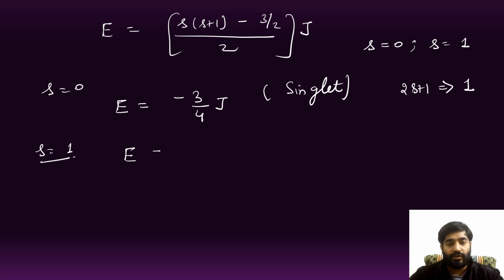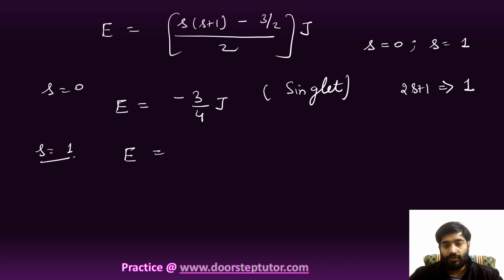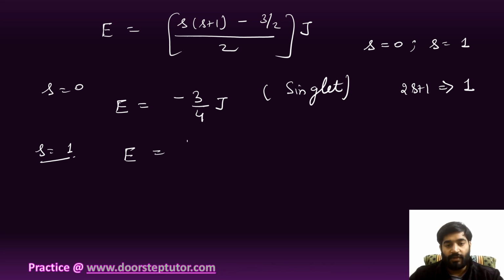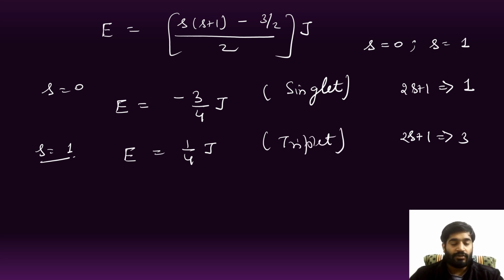For S equals 1, your E will be 1 plus 1, 2, 2 minus 3 by 2. So it becomes 1 by 4 times J. And if you put the value of 2S plus 1 here, you get 3. So this is your triplet state. Triplet. Clear? So your value of g is 1 and 3.